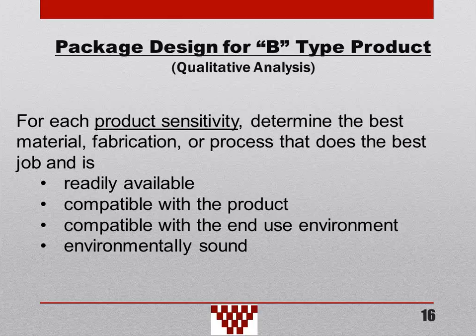You can't specify something that's rare and found only in Afghanistan, for example. Compatible with the product, very important, especially with consumer products. Compatible with the end-use environment. Once the product package system arrives where it's going to be, it should be compatible. You shouldn't contaminate the environment just because it has a package on it. And of course, environmentally sound.